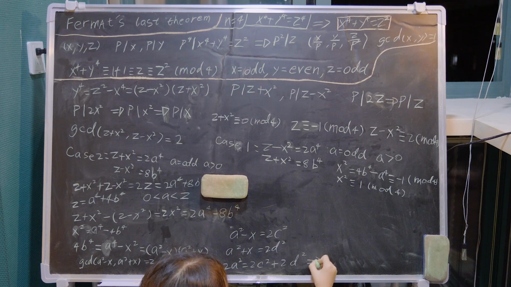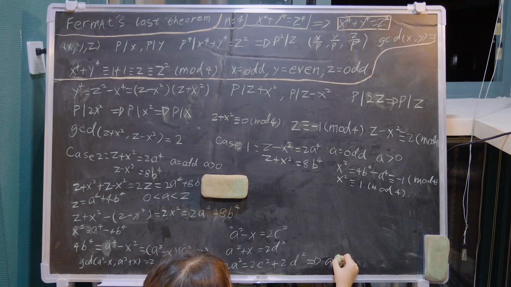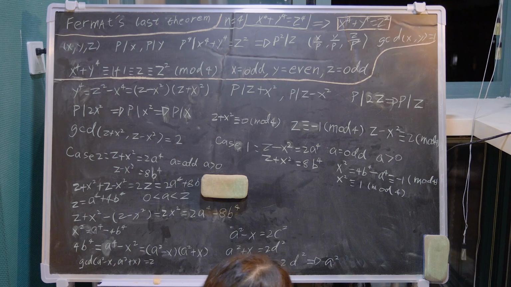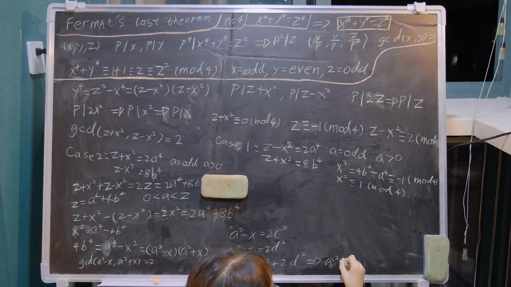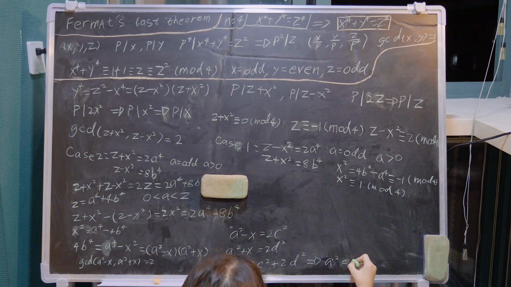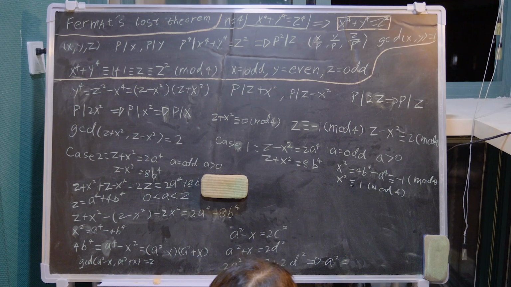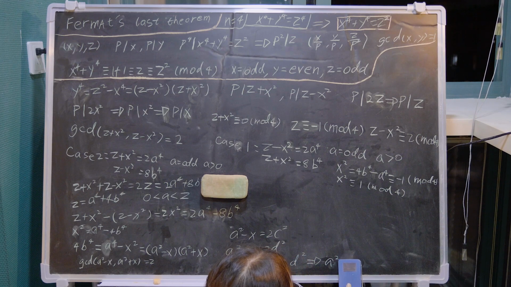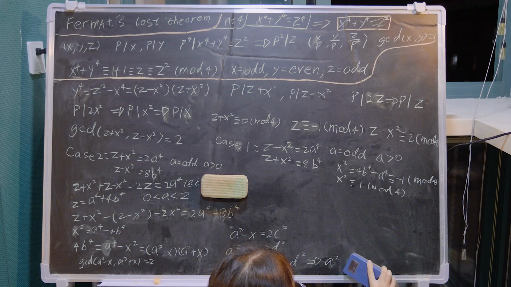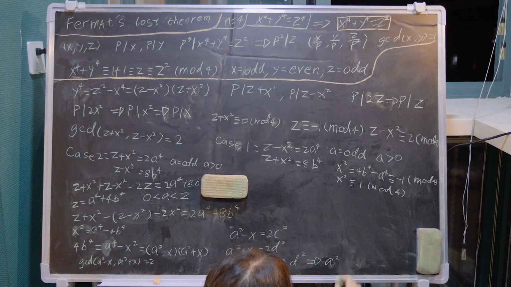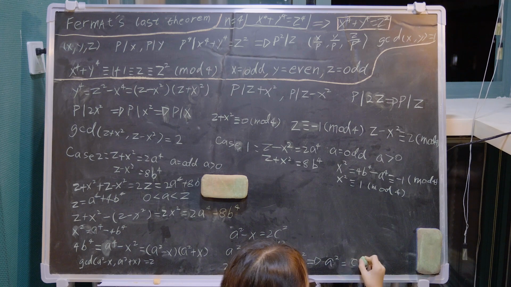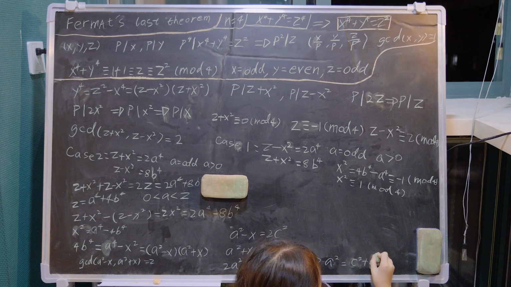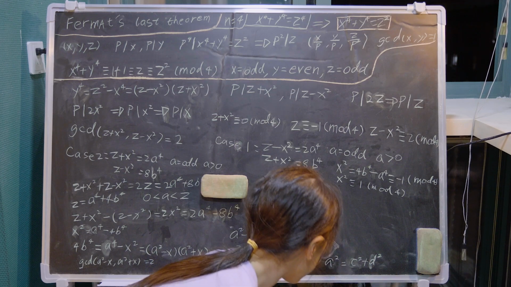So that tells us a to the 2 is equal to c squared plus d squared.